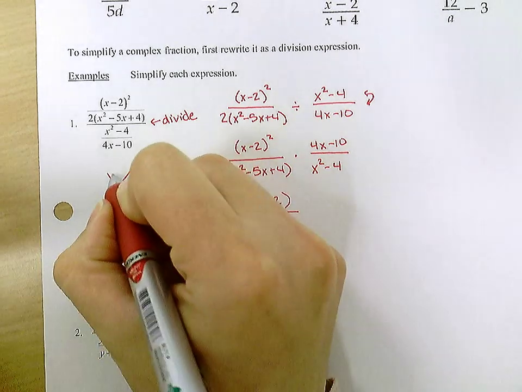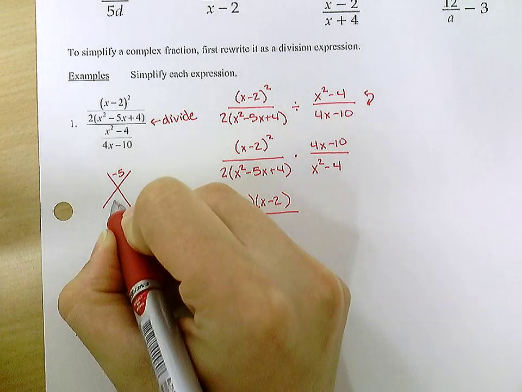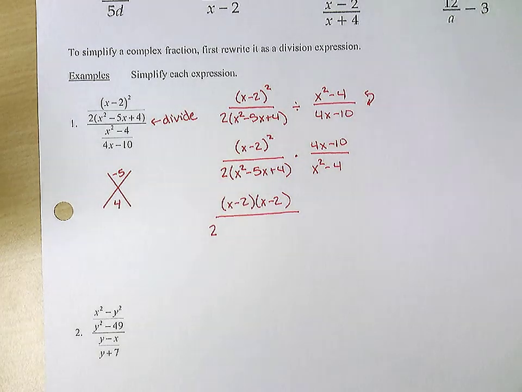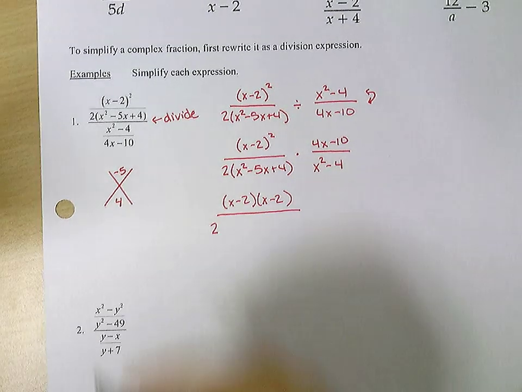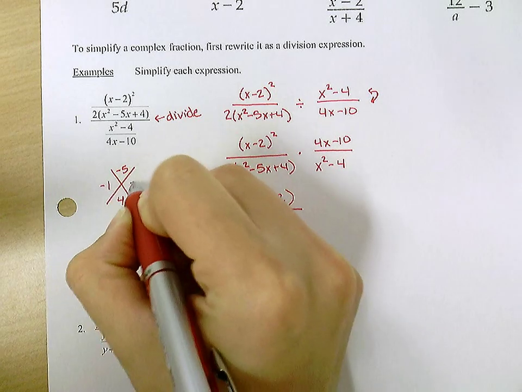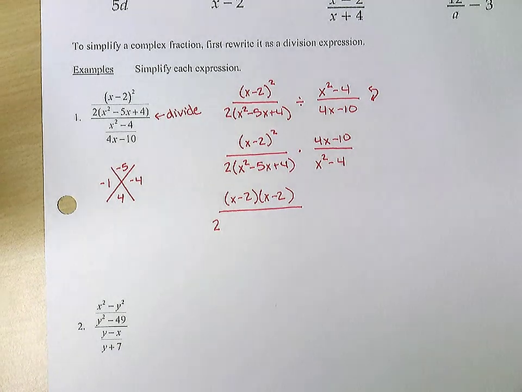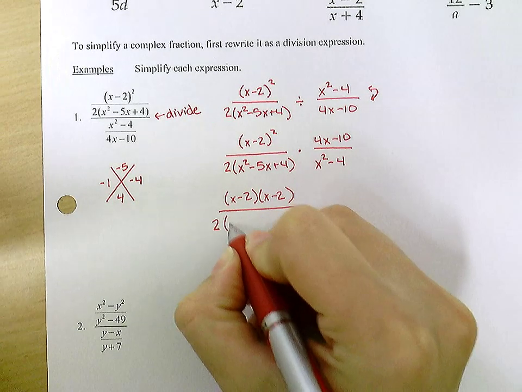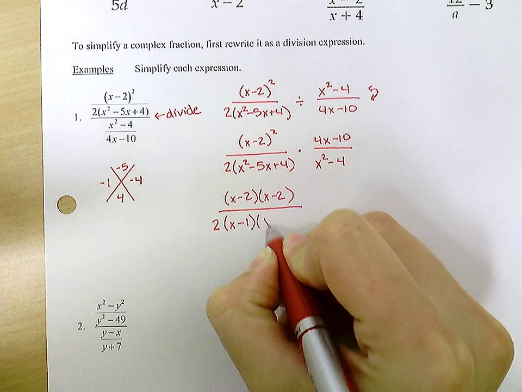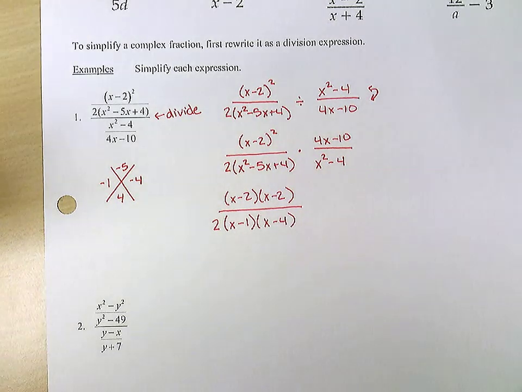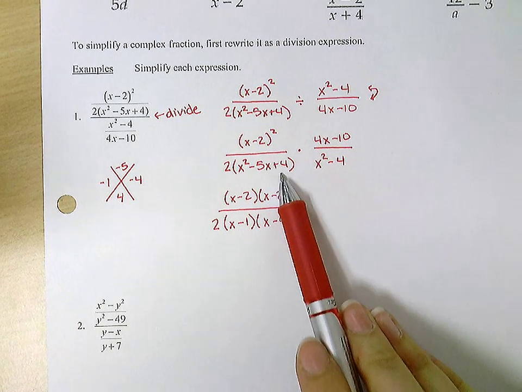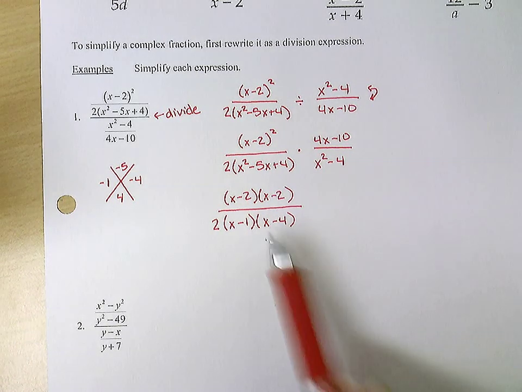What adds to negative 5 and multiplies to positive 4? Negative 1 and negative 4. So I would have (x minus 1) times (x minus 4).